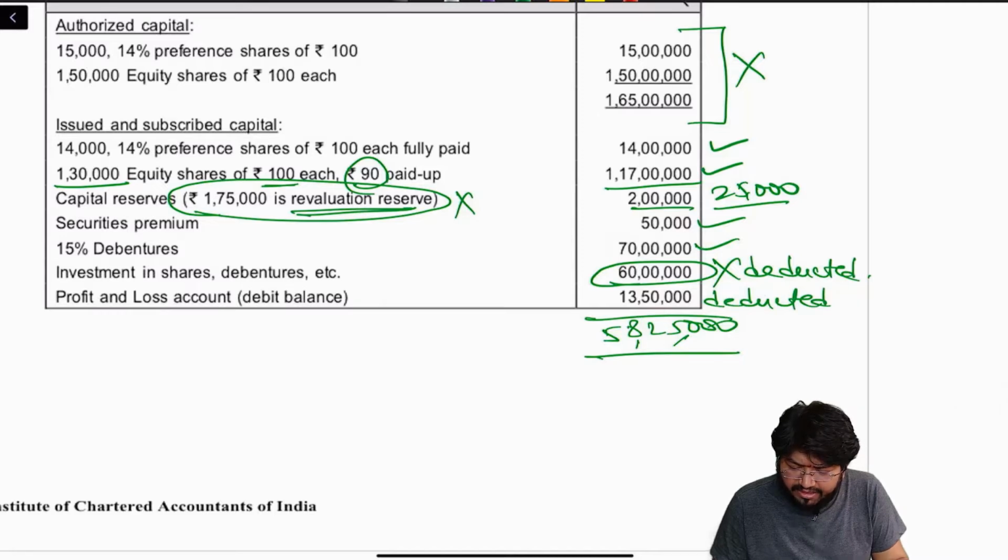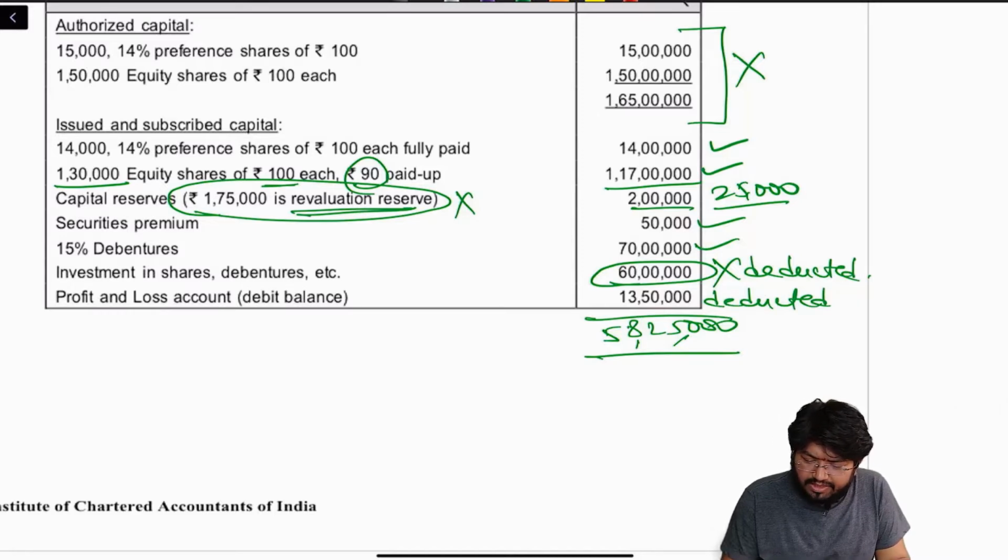It should be even greater. 14 plus 117 plus 2 plus 0.5 plus 70. Here itself it is greater than 200. It's almost 200, I believe. 78 lakhs. How much? Sir, 1 crore 27 lakh 75,000, sir.